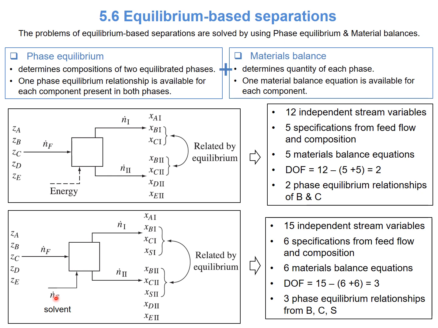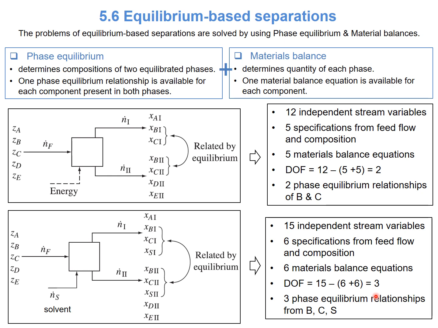Also, how many compounds are there? A, B, C, D, E, 5 plus S, solvent. So 6 material balance equations would be available. So degree of freedom is equal to 15 minus 6 minus 6, which is 3. 3 more specifications are required for this problem.